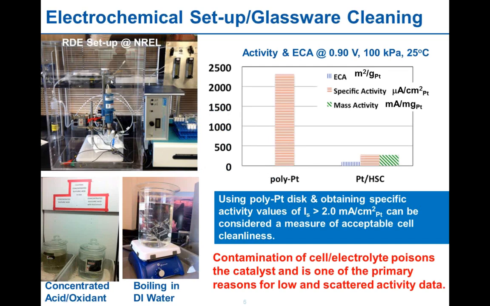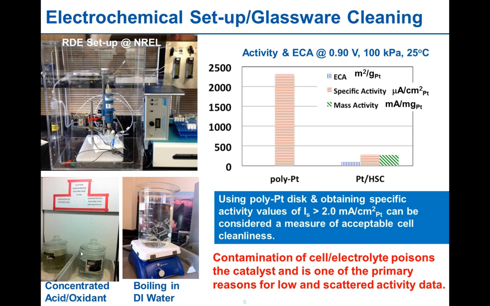On the top left over here, you see a typical RDE setup, where you see a rotator, an Autolab potentiostat, samples, gas flows for the reaction, and so on. What I really wanted to point out in this slide, which I've marked in red in the bottom right, is that the contamination of cell and electrolyte poisons the platinum catalyst and is one of the primary reasons for low and scattered activity data.